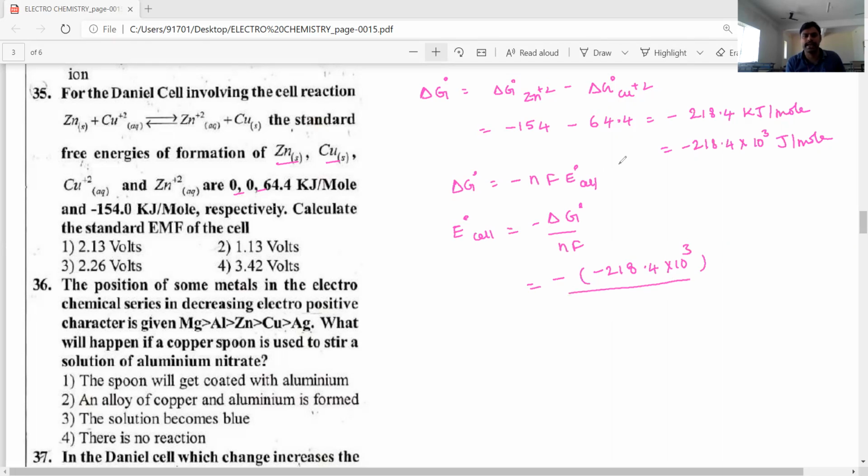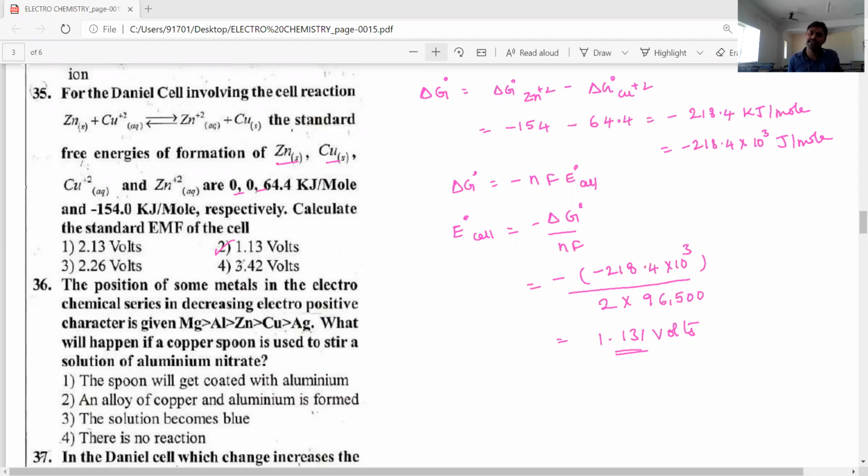In this reaction, how many electrons are involved? Zinc loses 2 electrons and copper accepts 2 electrons, so n is equal to 2. F value is 96,500 coulombs. On simplification, the minus of minus becomes positive, and we get 1.13 volts, which is approximately nearer to the second value.